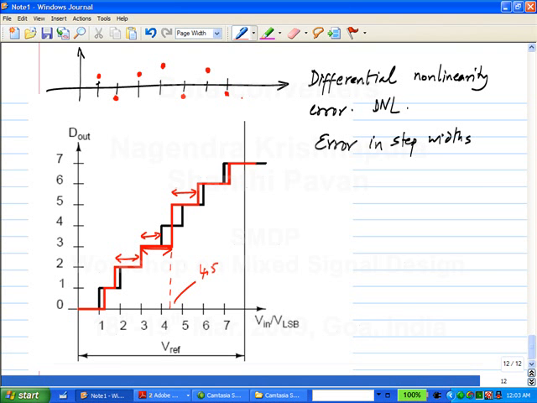Fourth one is minus 1. Yeah, isn't it the step width? I think DNL less than minus half may give a slipping code, missing code, but not necessarily. No, I have plotted the difference between the actual and ideal.